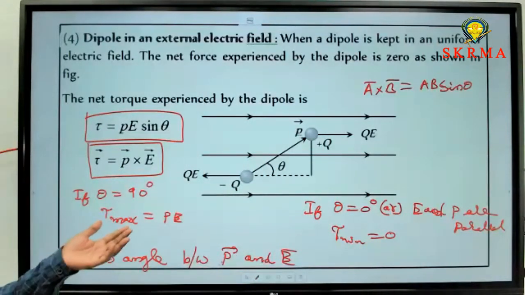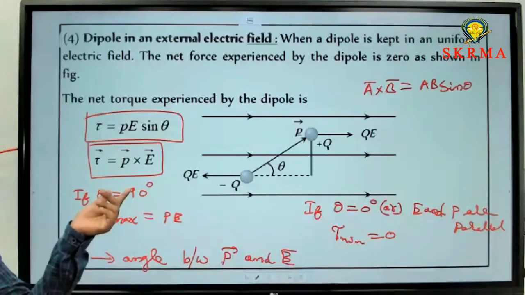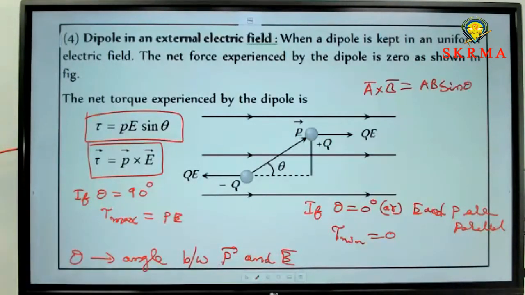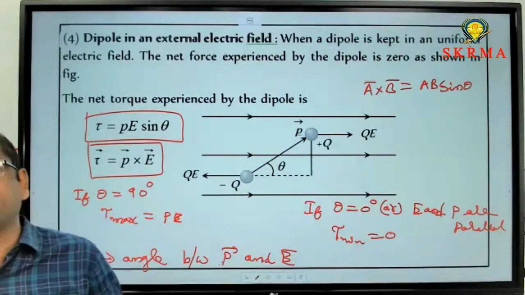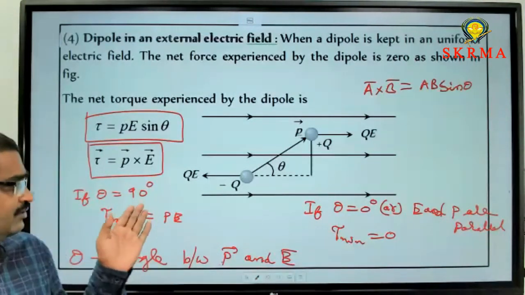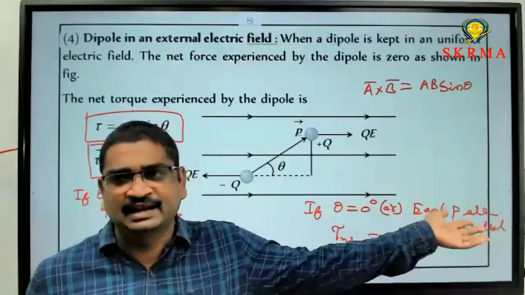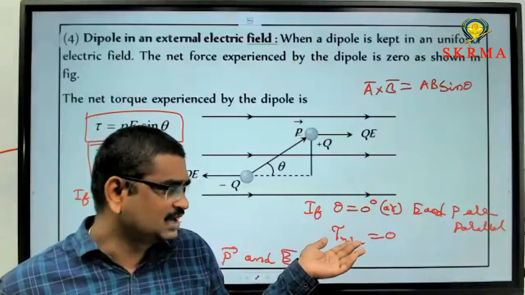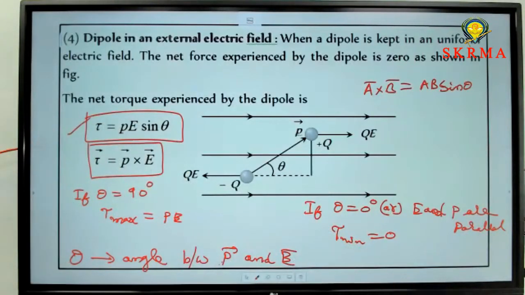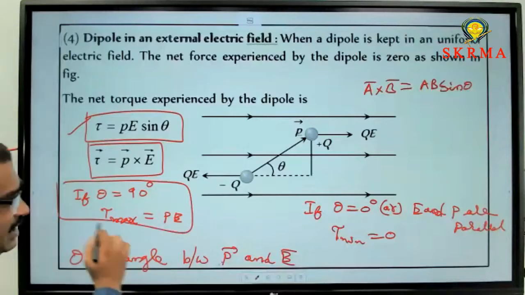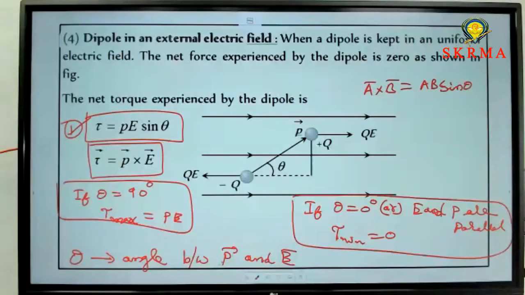Sometimes they will give that electric field and dipole moment are perpendicular to each other, then what is the torque? The formula is PE only. If dipole moment and field are parallel to each other, then torque is minimum, equal to 0. That is from this equation only. I am writing these from the basic equation, the first equation.